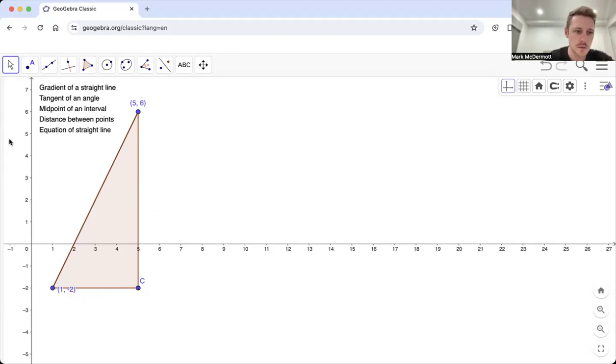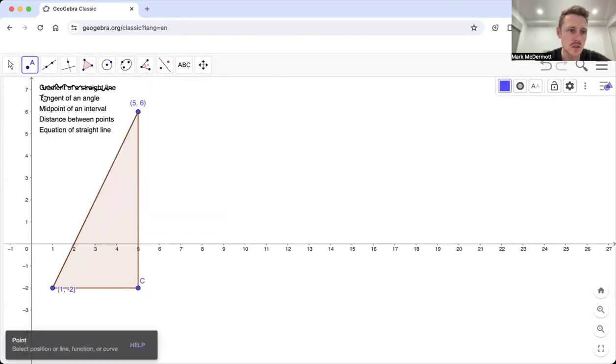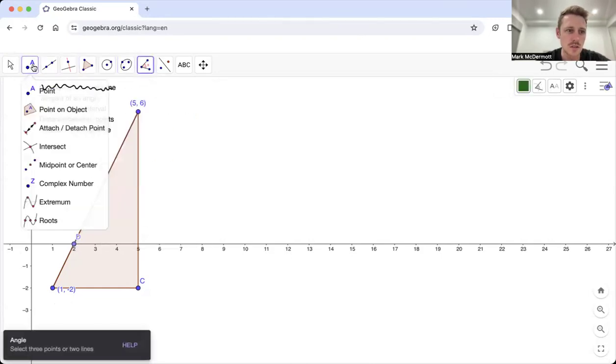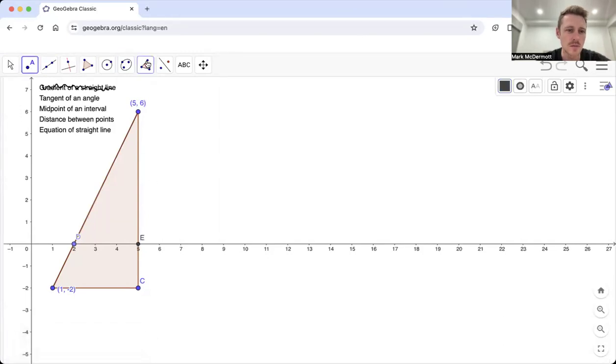The next thing we probably want to talk about is the tangent of an angle. Let's have a think what you can actually do, and I encourage you to go onto GeoGebra and try this out. If you want to find an angle, what we can do first is put a point here, just on the x-axis, and I'm going to put another point here on my triangle.